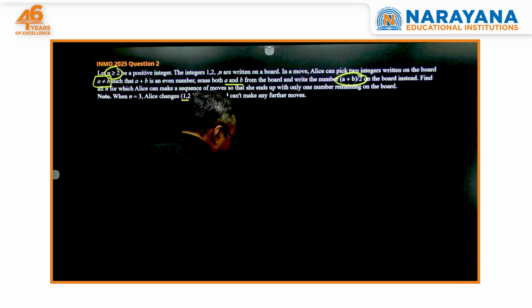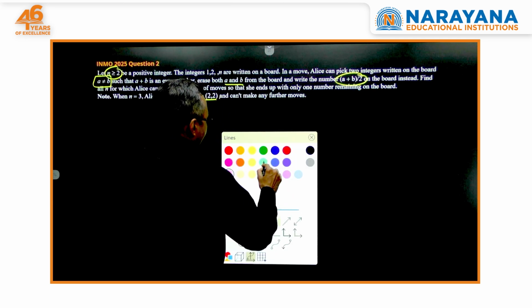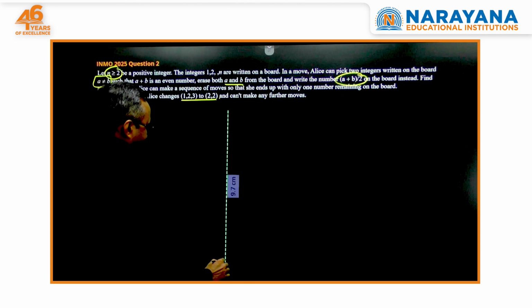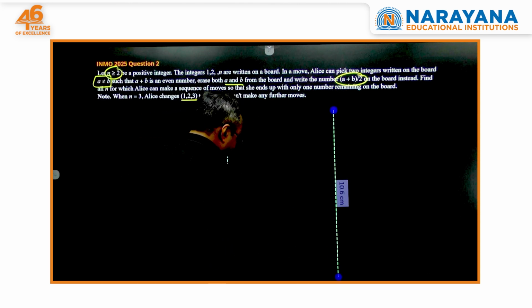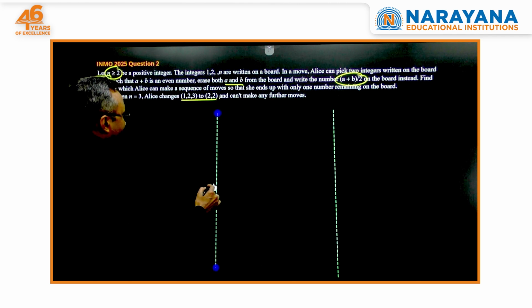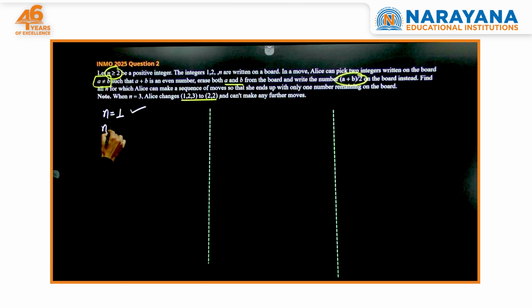For example, for 1, 2, 3, it's not possible. So we will attempt this problem in 3 steps. Step 1 is the initial cases to understand what is happening. So n equal to 1 is obviously true, n equal to 2 is false, n equal to 3 is false, as already mentioned in the example.